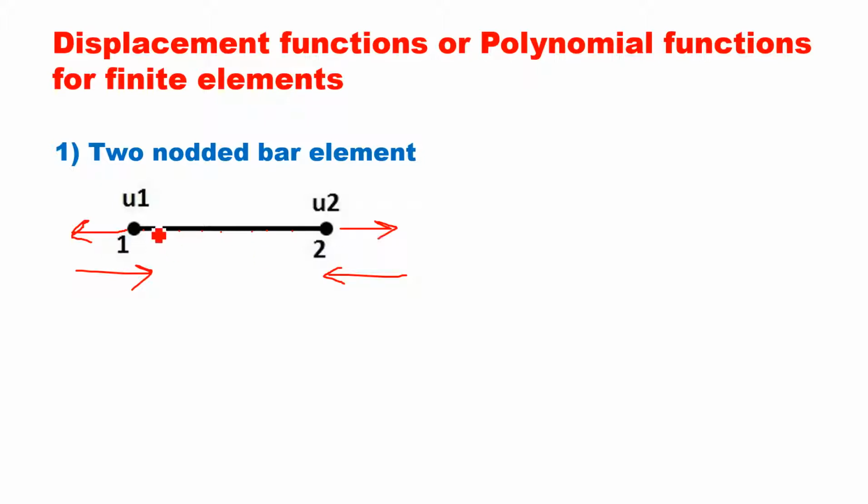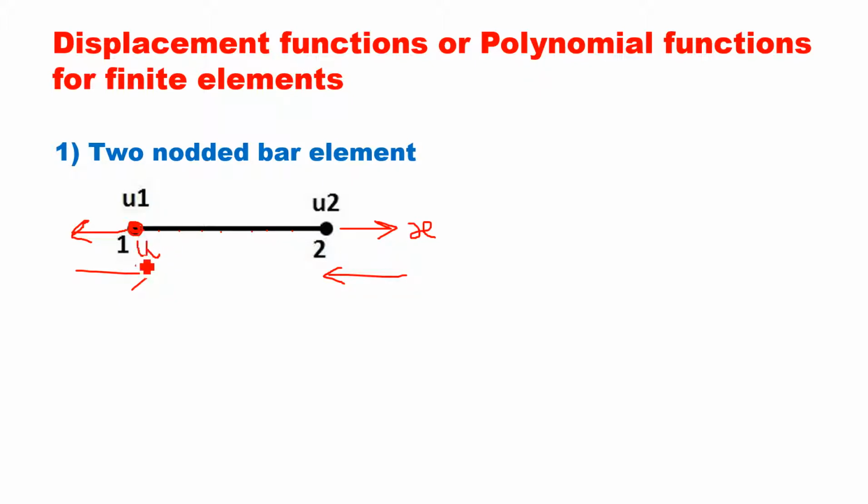element. So it means at each node of the bar element there is only 1 degree of freedom, which is called axial displacement. Since bar is a one-dimensional element, if you assume that bar is in x direction only, in x direction displacement we are representing by u, right?